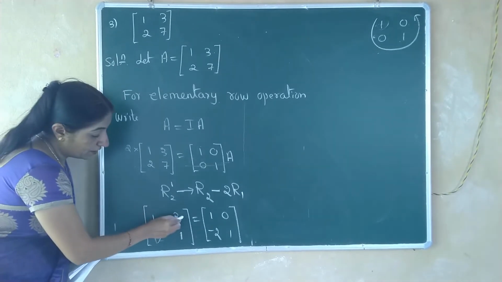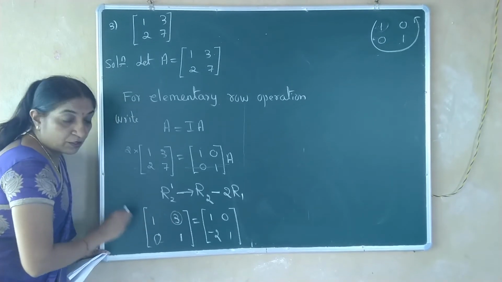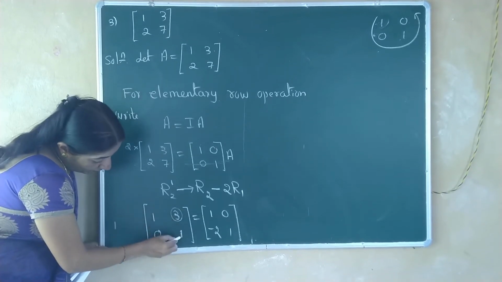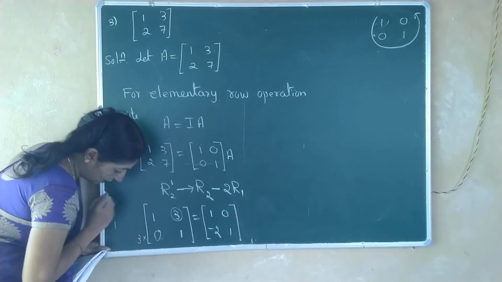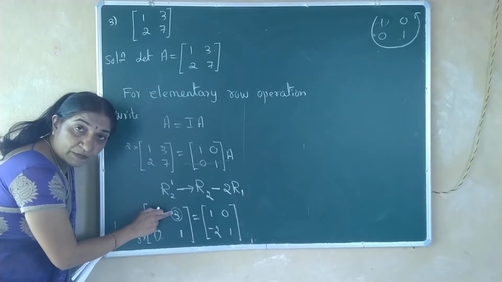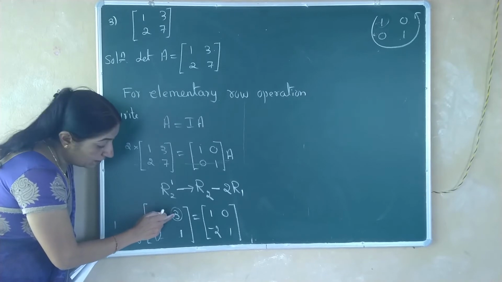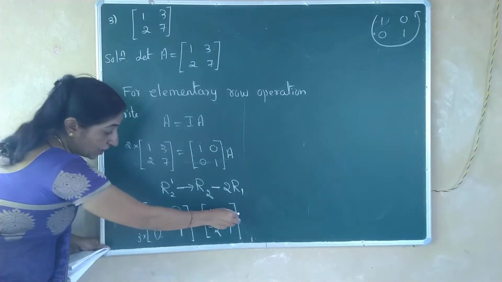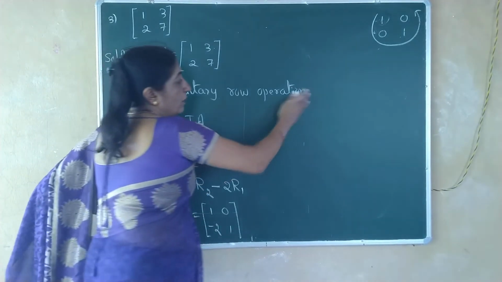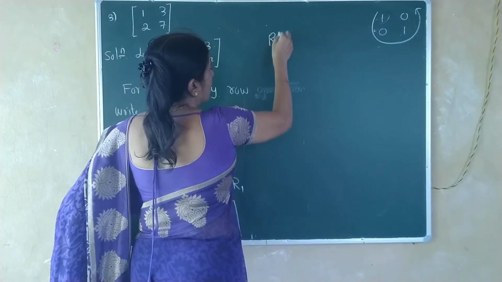We have to make this 3 as 0. So 3 as 0 means the same number is multiplied with the corresponding row. So this is multiplied with 3. And you are going for addition or subtraction? Subtraction. Why? It has a plus. So then what will be the operation? We are changing the first row, R1 dash. How are you changing?